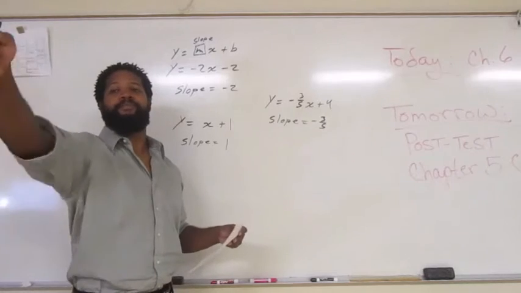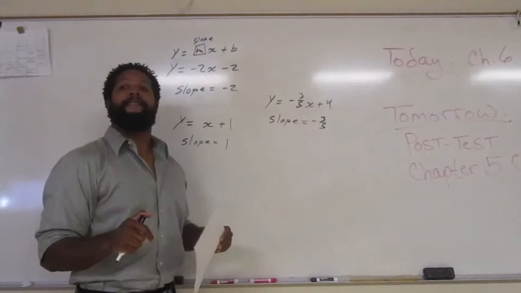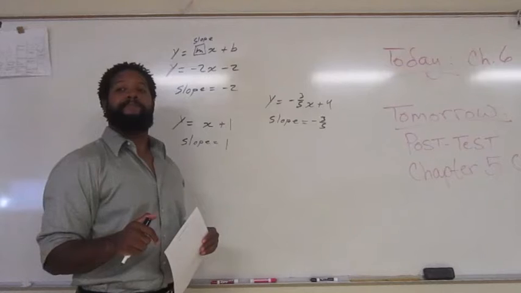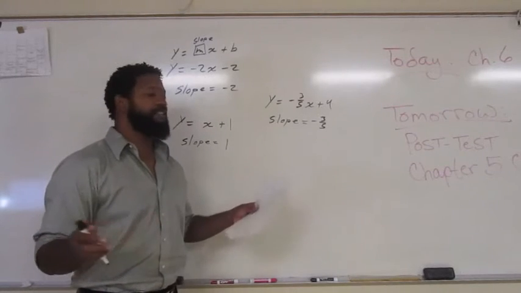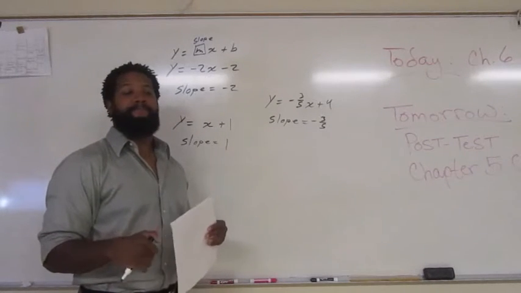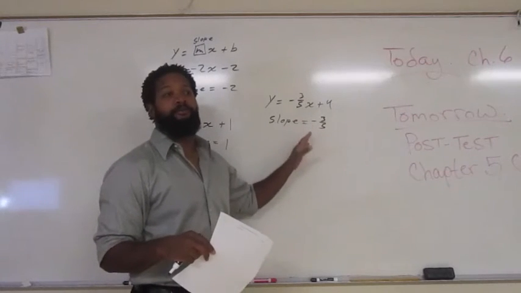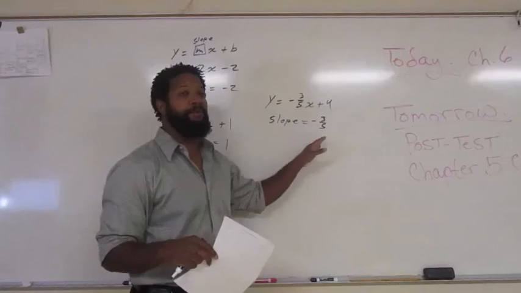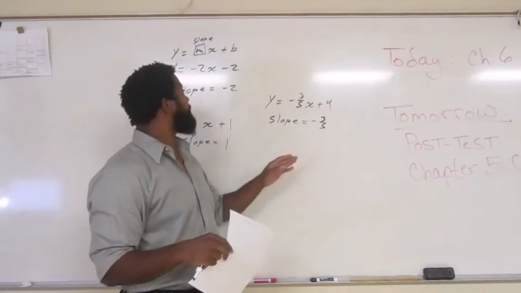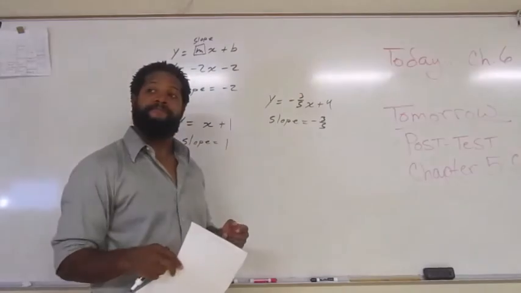Wait, hold up, Ms. Mazzone. Even if the numerator is bigger than the denominator, you just don't touch it? Yes, it doesn't matter. Matter of fact, you want your slope to be a fraction, whether it's proper or improper. Why is that though?